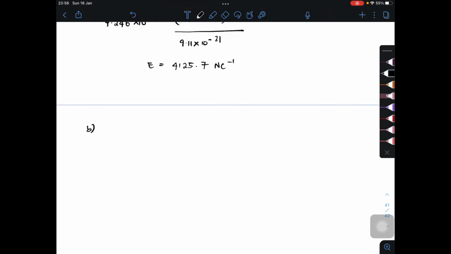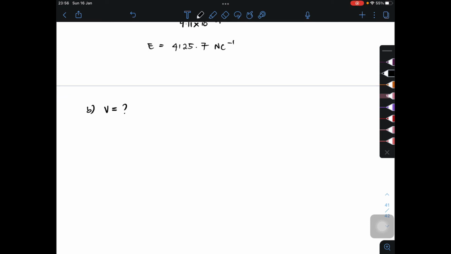Okay, so soalan B, we want to find what is the value for B. Okay, keluarkan dahulu formula untuk Vx dan Vy. How do we find Vx? How do we find Vy?